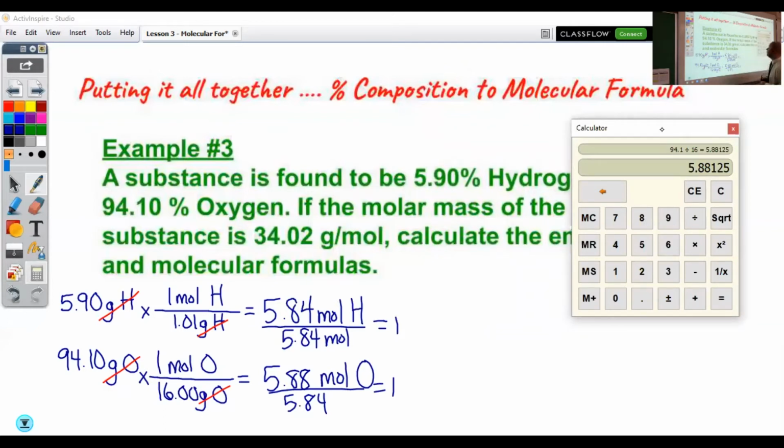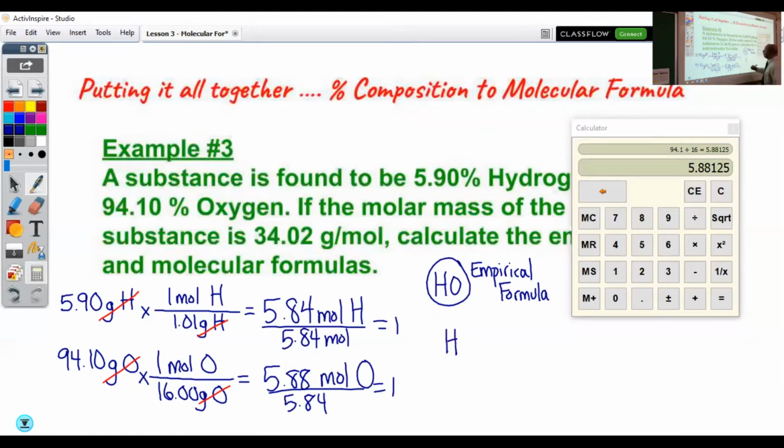Now, what we can do at this point, since this is our empirical formula, so this is the part that we would have learned in lesson 2. Now we're going to find the mass for this empirical formula.